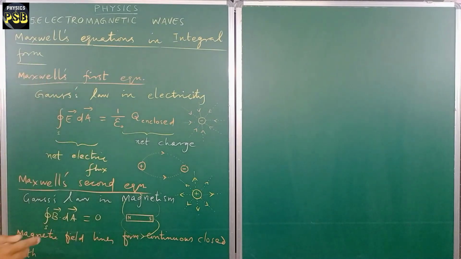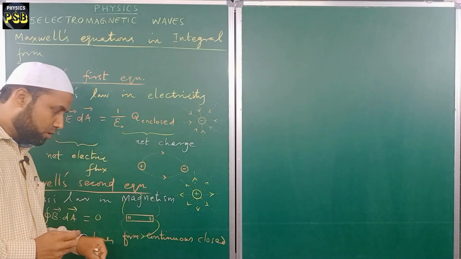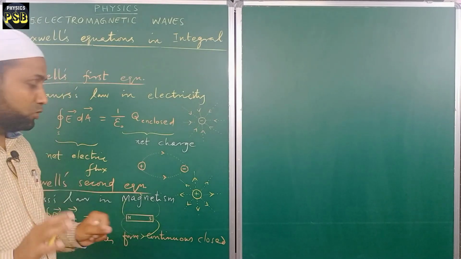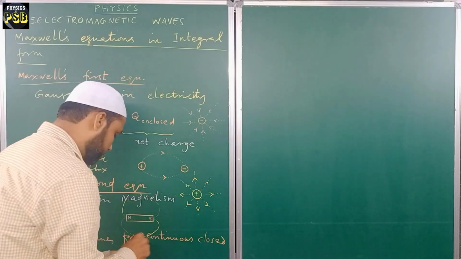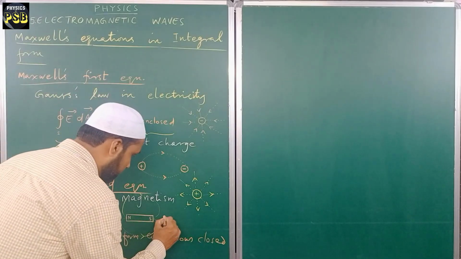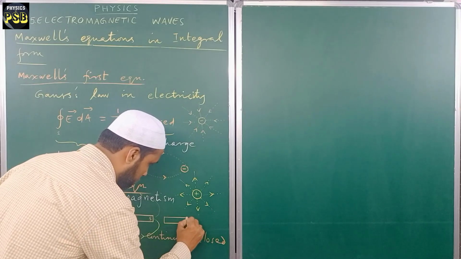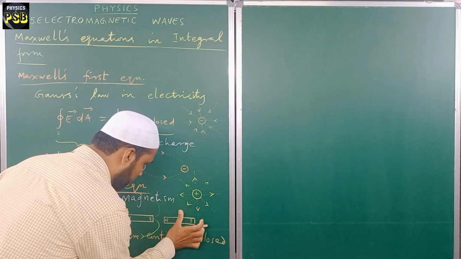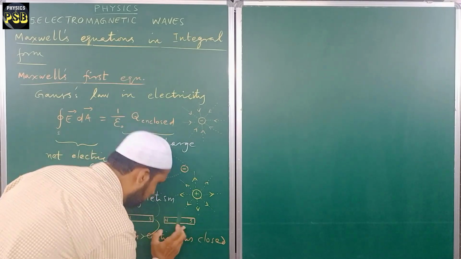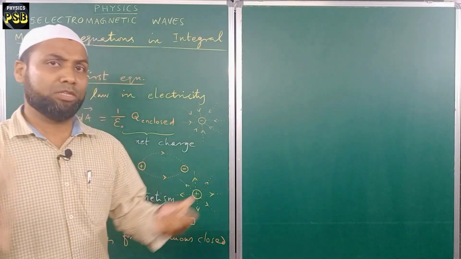Now this is known to us. Now what if I break a magnet? If I break a magnet, it is not possible to separate the north pole and south pole. If I break it at the center, you might think that we are able to separate the north pole and south pole, but it is not possible.